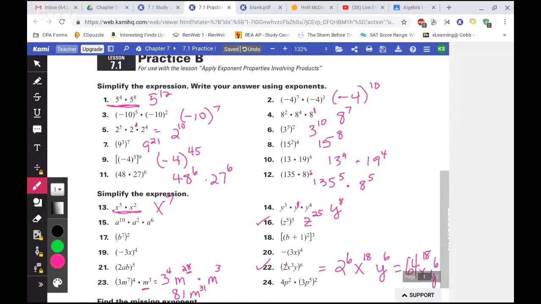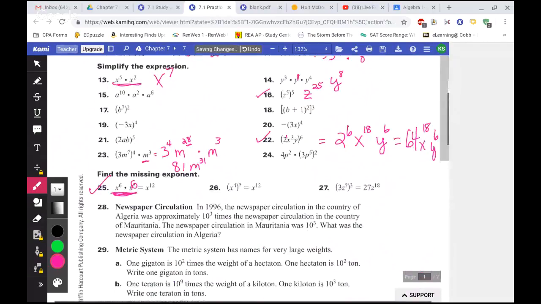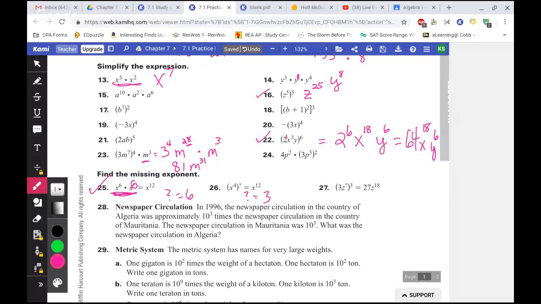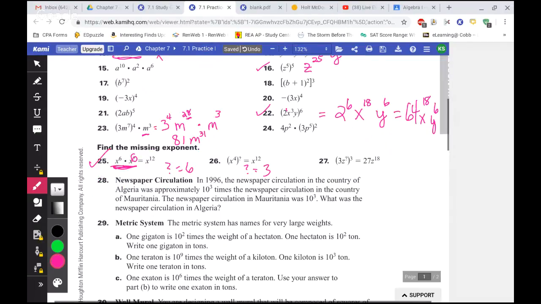When it's being multiplied, you add. When it's a power to a power, you multiply. So the question mark on 26, what'd you get for that one? 3. Yes, good job.